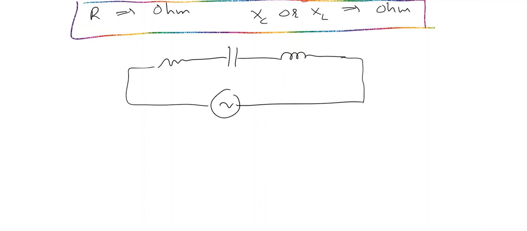then in such a circuit how do you find out the obstruction to the current which this voltage source is trying to produce? Then the term used is called impedance, which is taking care of R as well as XC as well as XL.